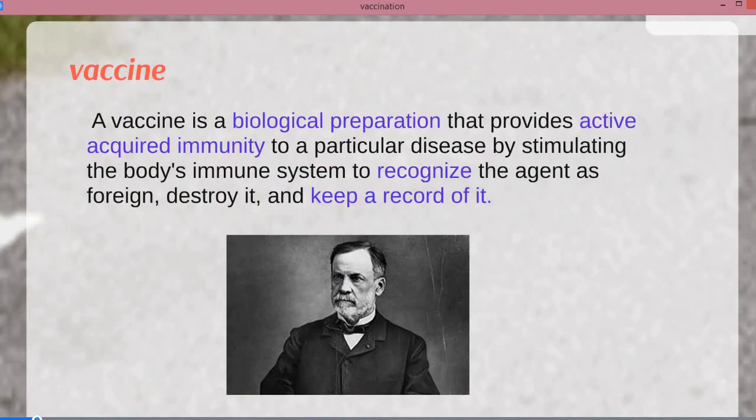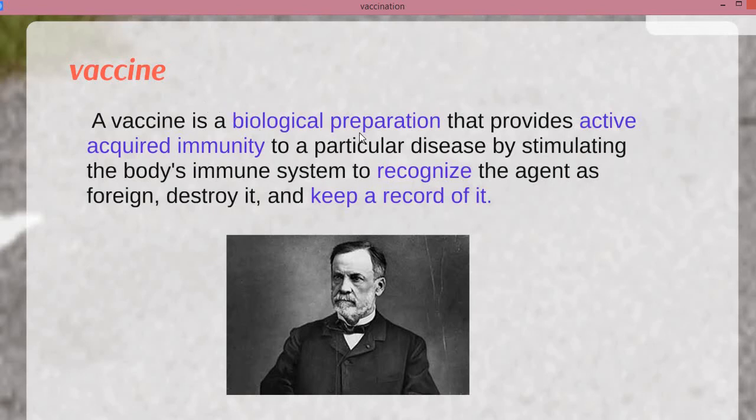So what is a vaccine? A vaccine is a biological preparation that provides active acquired immunity to a particular disease by stimulating the body's immune system to recognize the agent as foreign, destroy the agent, and keep a record of it. Now these words which are highlighted are very important because they give a summary of what exactly a vaccine is.